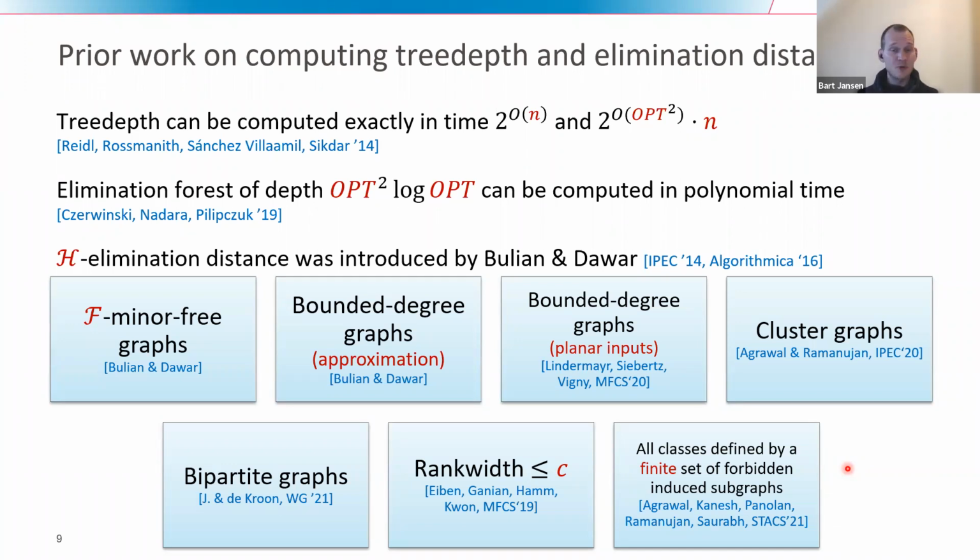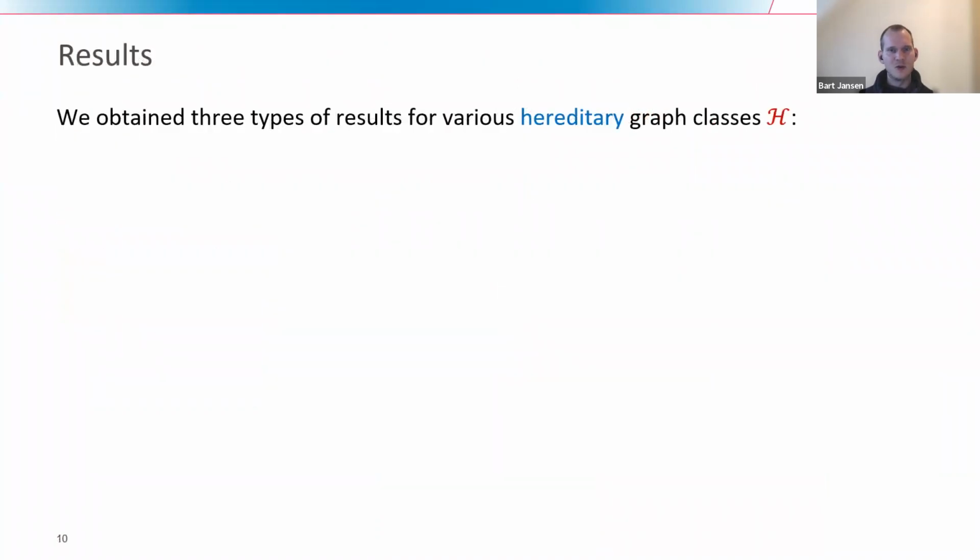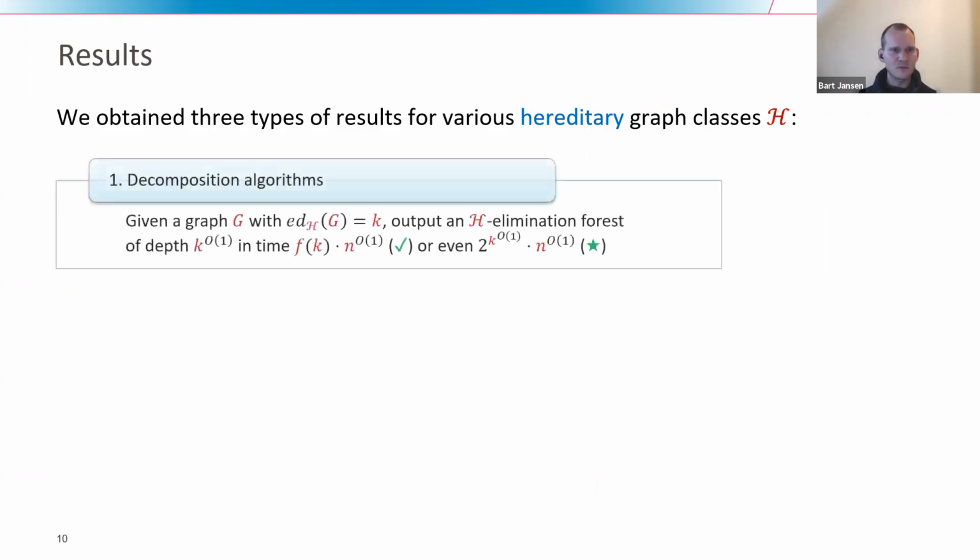So this is what was previously known on computing treedepth and elimination distance, and using this terminology, I can now tell you what we did in this paper. We looked at vertex deletion to H for various graph classes H, and we obtained three types of results. On the one hand, we gave new decomposition algorithms. Given a graph with a certain elimination distance to H, they output an H elimination forest, basically an elimination sequence.